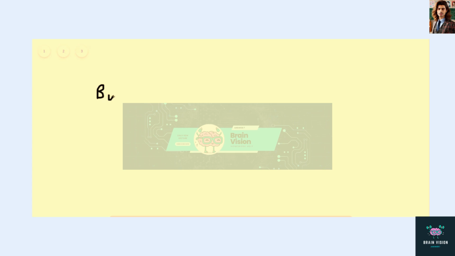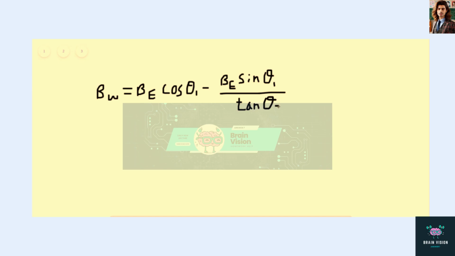And we find that B sub W is equal to B sub E, which we know, times the cosine of the angle theta 1, which we also know, minus B sub E, which we know, times the sine of the angle theta 1, which we also know, divided by the tangent of the angle theta 2, which we also know. So we can just plug all of our values into this expression, and we find that B sub W is equal to 2.77 times 10 to the minus 5 Tesla.